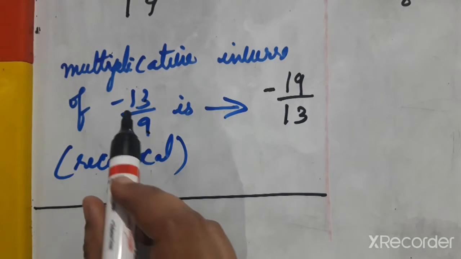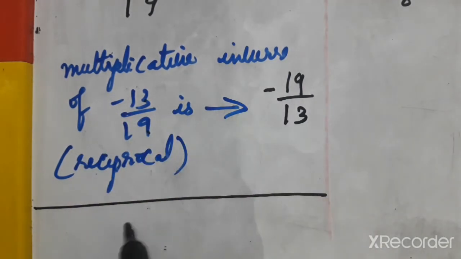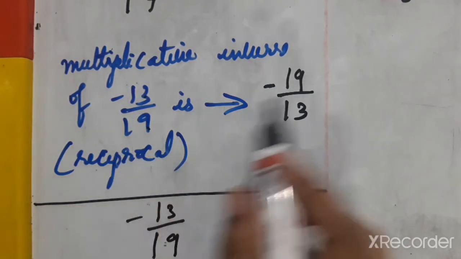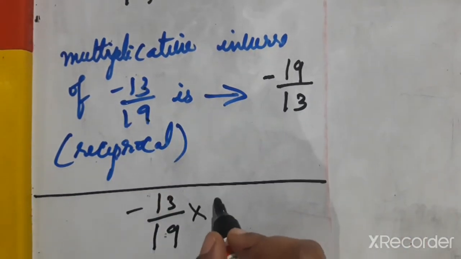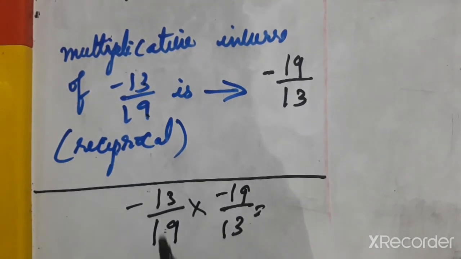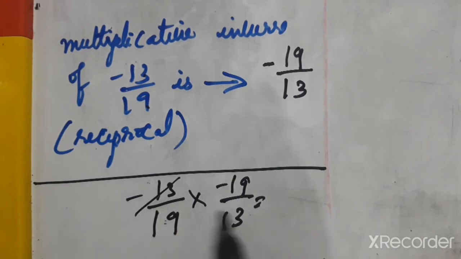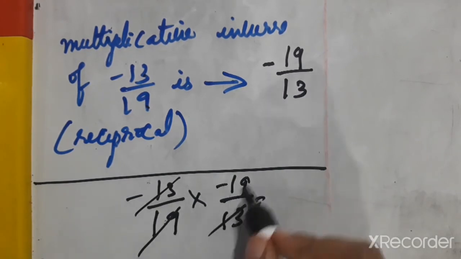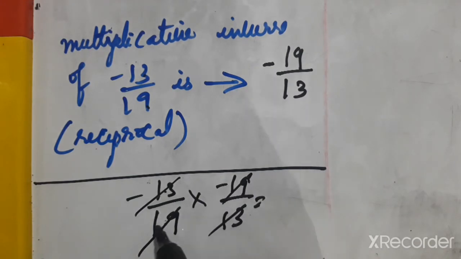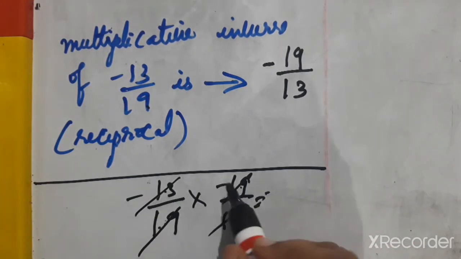Multiply these two: the given number minus 13 by 19 and the reciprocal of that number, minus 19 by 13. Here 13 we can cancel, and 19 also we can cancel. Minus into minus is plus only.